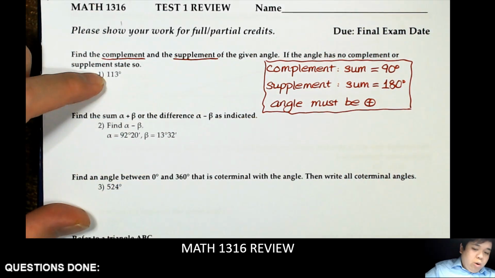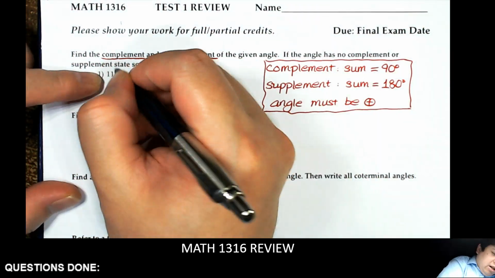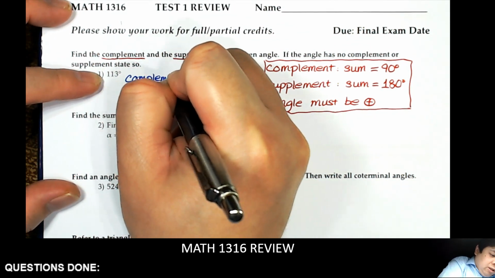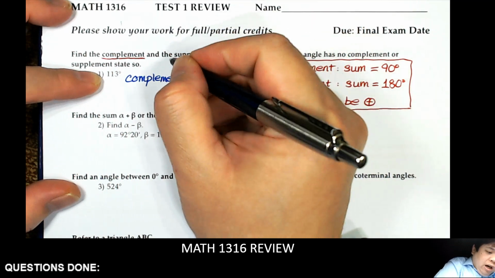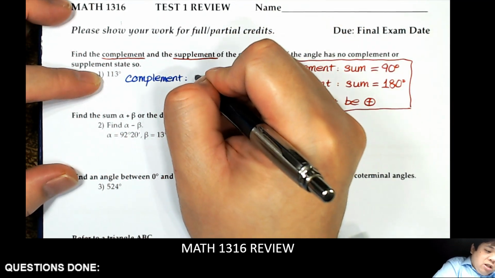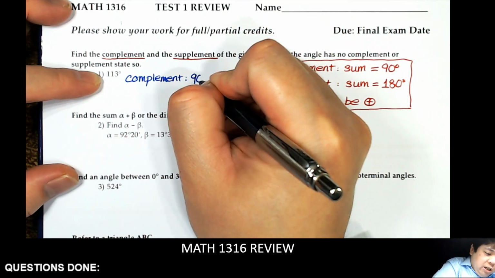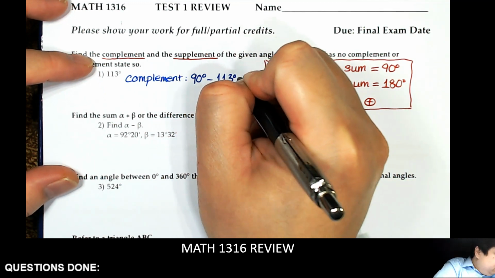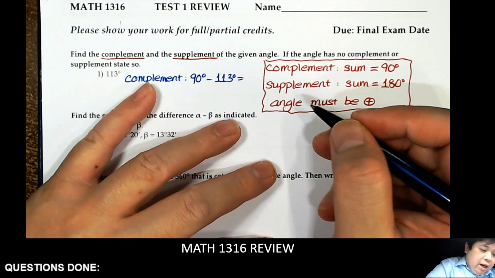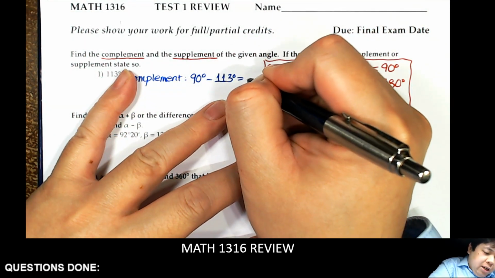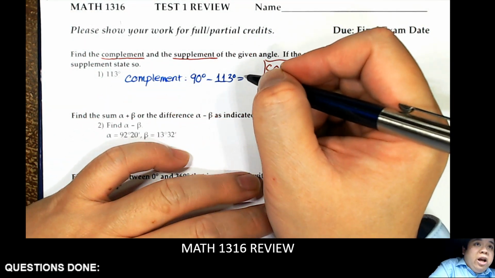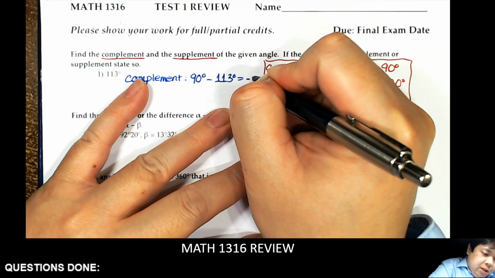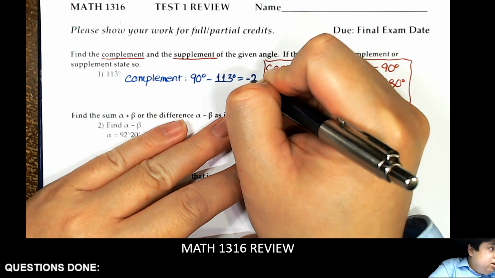So for 113, the complement of 113, since the sum is 90, we take 90 minus 113, and that is equal to negative 27 degrees.